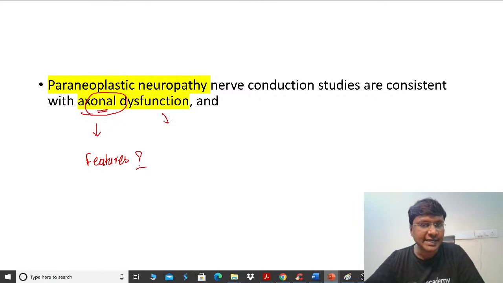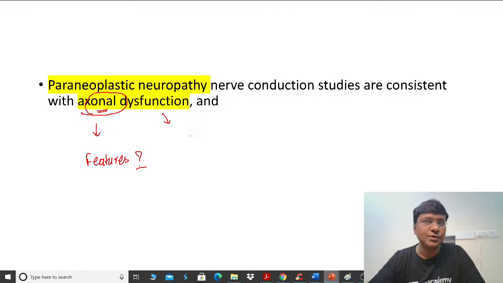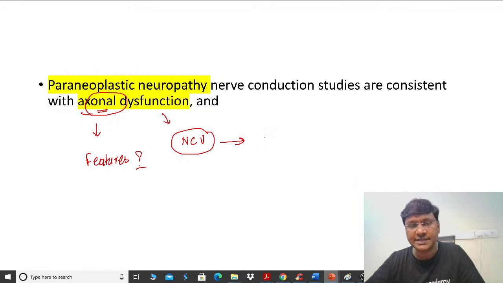In case of axonal neuropathy, can anyone tell me the differences between the axonal and demyelinating neuropathy? Peripheral neuropathy means it is just distal neuropathies. Let me tell you. In demyelinating neuropathy, the nerve conduction velocities will be reduced.